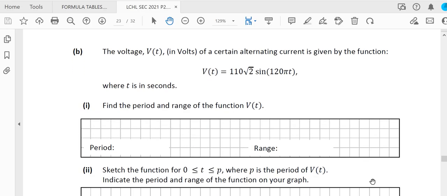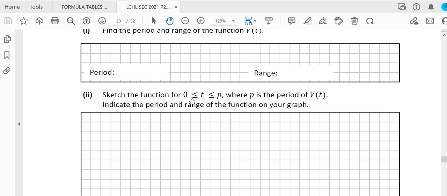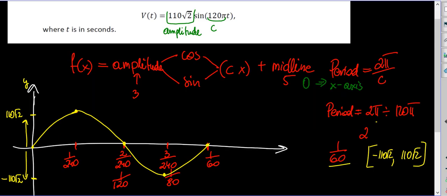So period and range done. Next: sketch the function from 0 to p, where p is the period. Indicate the period and the range of the function on your graph. We've done the graph, so that is the range, and here is the period. There it is.